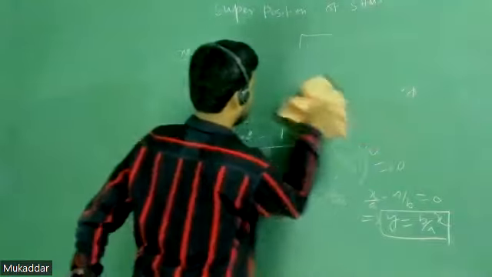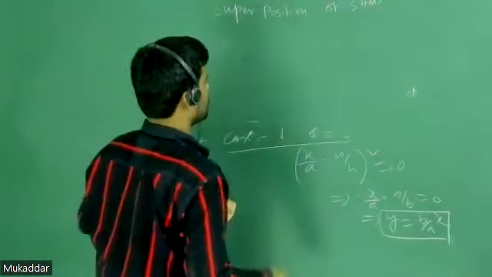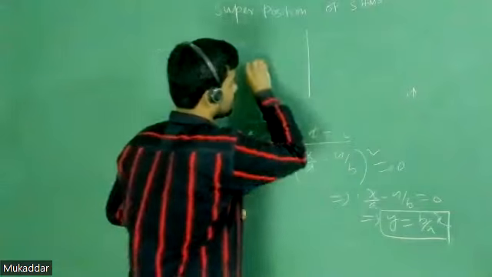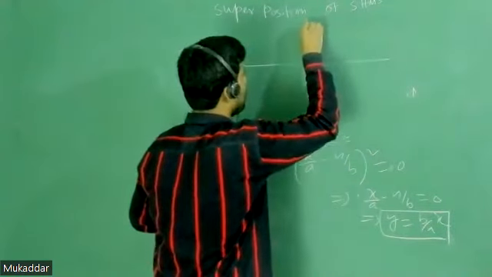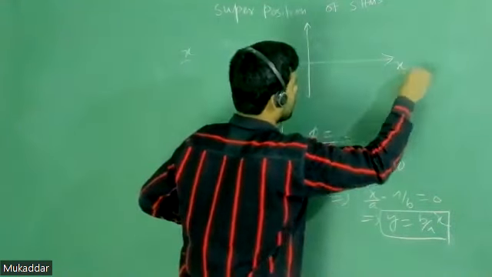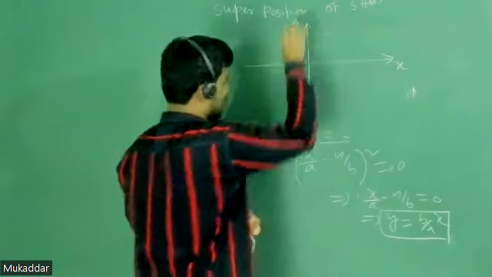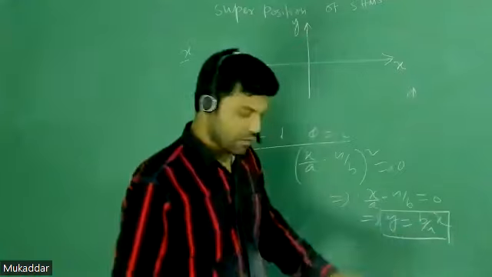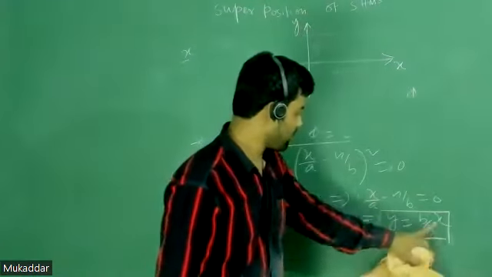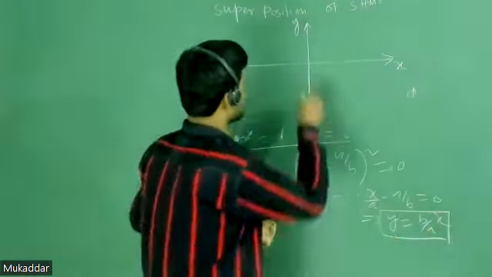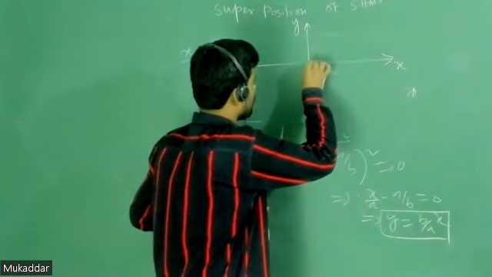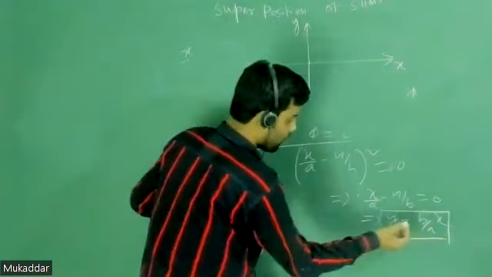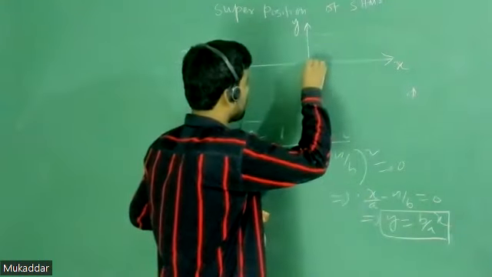What kind of trajectory will it be? This side you have y, this side you have x. When x is 0, y will also be 0, this is the trajectory of the particle.